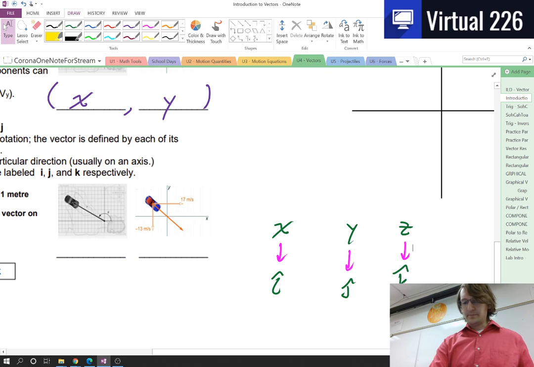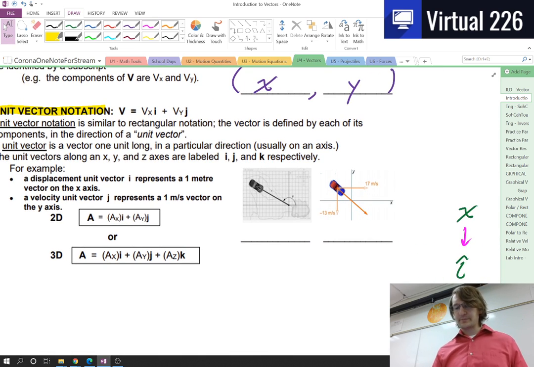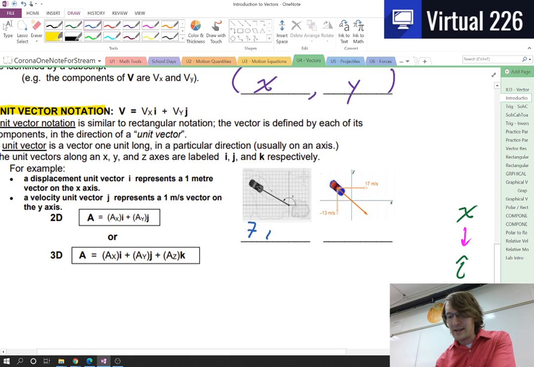Okay? Now, the way we'll write this out is our full vector will be an amount, some number, in the i hat direction. So maybe it'll be like 7 in the i hat direction plus, and then, I don't know, pick another number, let's go with 4 in the j hat direction.